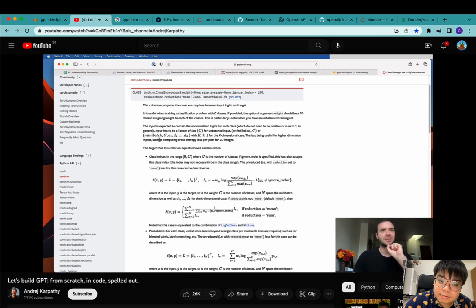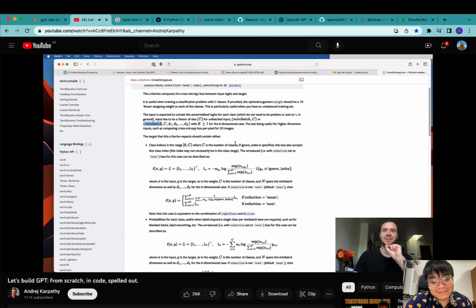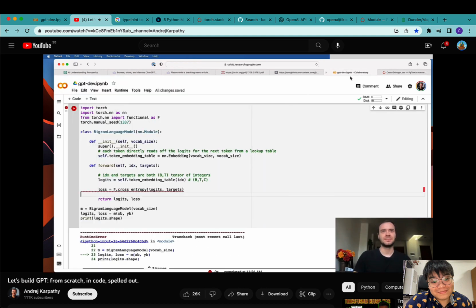Basically the issue is that if you have multi-dimensional input, which we do because we have a b by t by c tensor, then PyTorch really wants the channels to be the second dimension. So it wants a b by c by t instead of b by t by c. That's just the details of how PyTorch treats these kinds of inputs, and we don't actually want to deal with that.